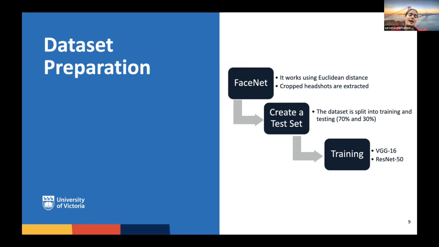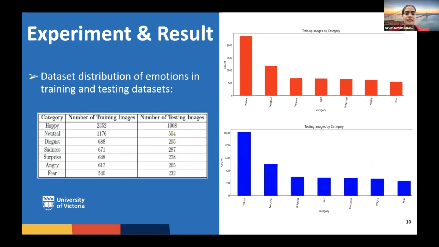So our training dataset was 70%, and our testing dataset was 30% of the total dataset. And eventually the split dataset is trained on VGG16 and ResNet 50 networks.